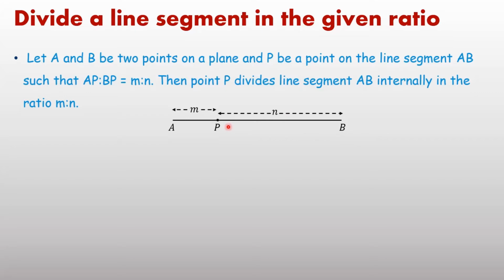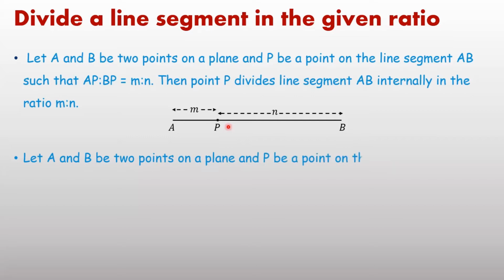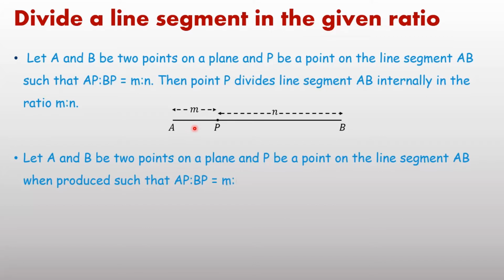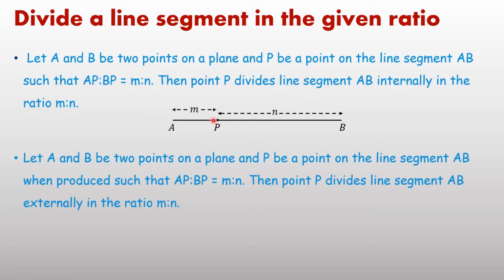Then it is known as internal division. If point P lies between A and B, then this type of division of line segment AB is known as internal division. Or we can write P divides line segment AB internally in the ratio m:n.